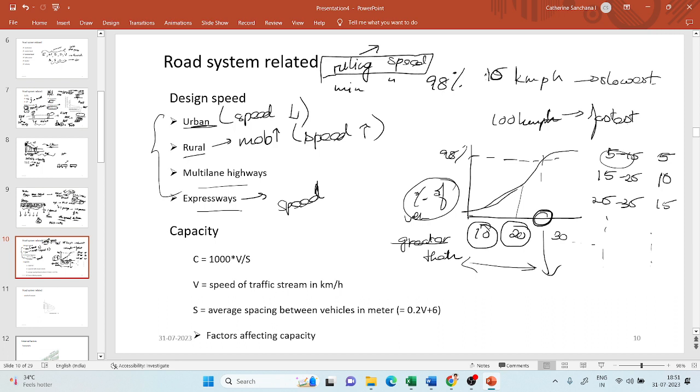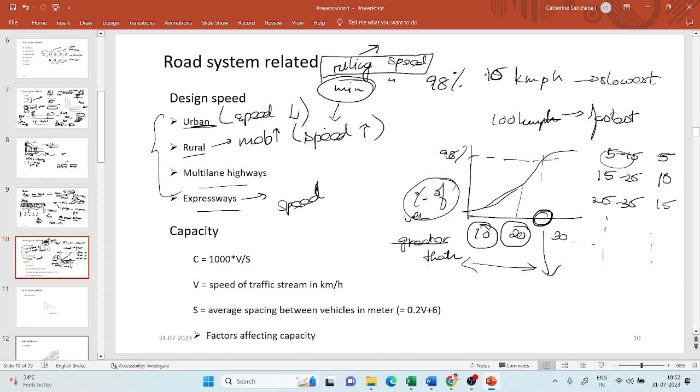But under extreme conditions, because of the topography of the pavement or some extreme cases, if there are any issues, you can go to the minimum speed, but in no case should you decrease below this minimum speed.